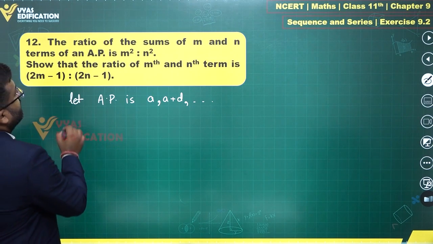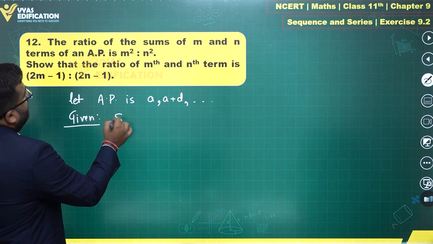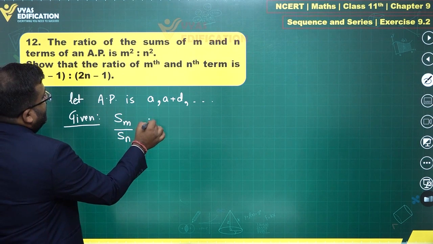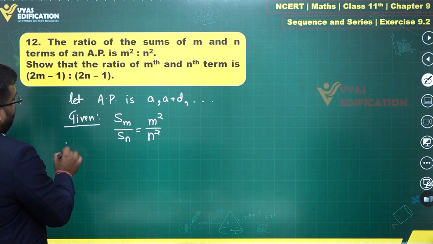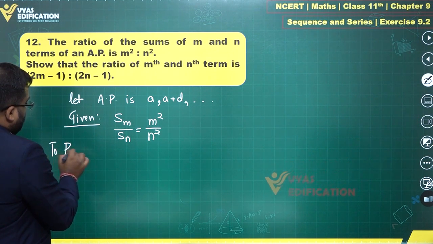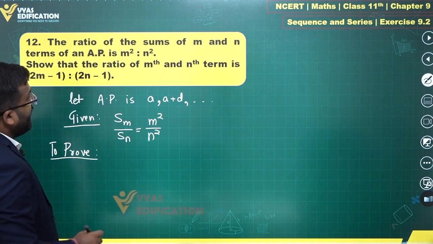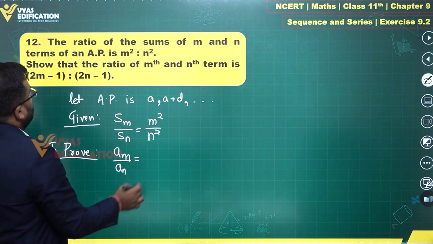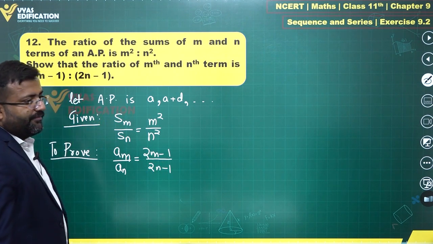It is given that the ratio of the sum of m and n terms is m square upon n square, and we have to prove that the ratio of mth term and nth term is equal to 2m minus 1 upon 2n minus 1.